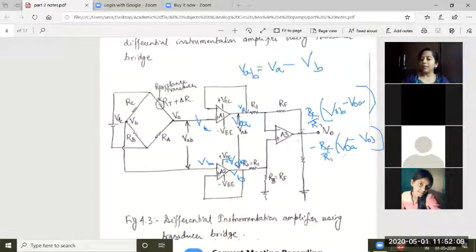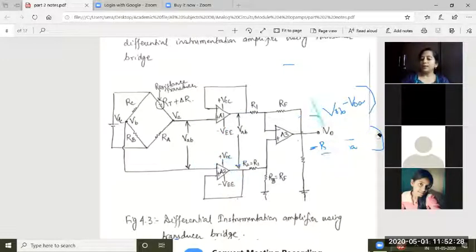But actually it should be VB minus VA if I want this as a positive. So if you write VA minus VB, this will be a negative value. That's what we have shown below. So you can see in the derivation below, I have used a negative value. That is, the simple reason is I'm considering the inputs in the opposite direction.